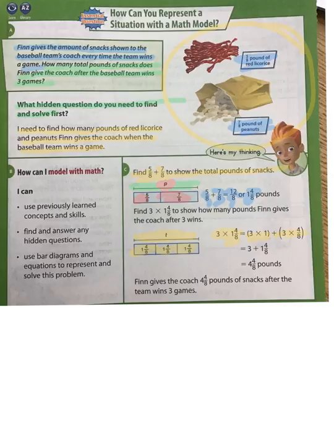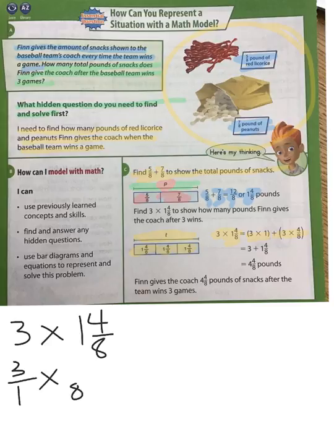But when we have done it in practicing, we did 3 times 1 4/8. We changed this to 3/1 times, put your denominator, and then we multiplied 1 times 8, which is 8, and then added 4 more, which would be 12.